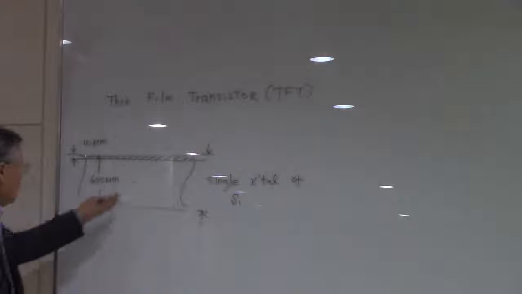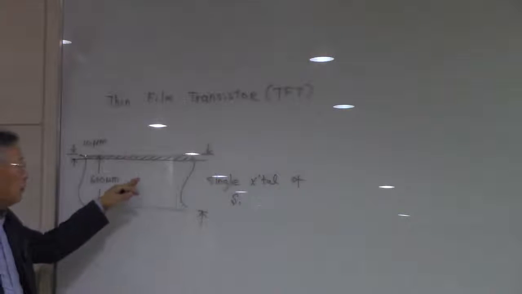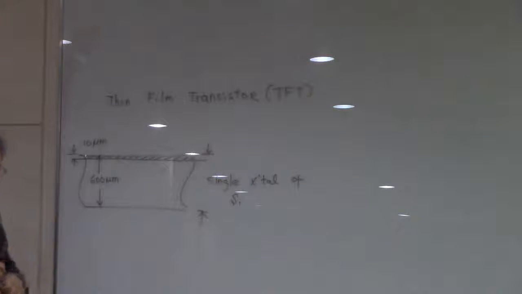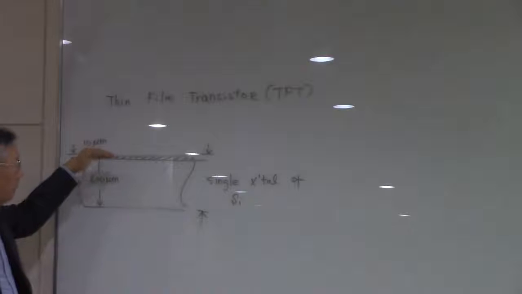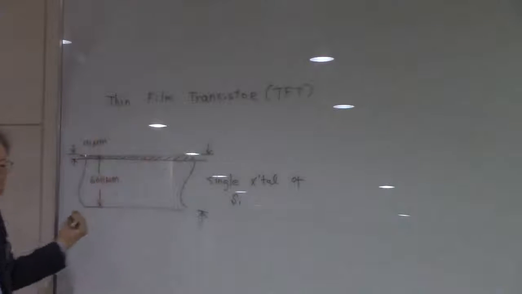In other words, 590 microns is just a substrate. Single crystal silicon, but it's just a substrate. We are using the top 10 microns from the surface for the transistor fabrication in the normal transistor case.